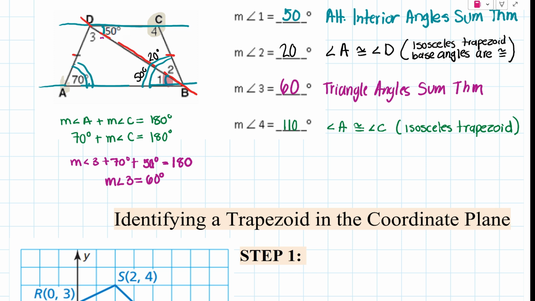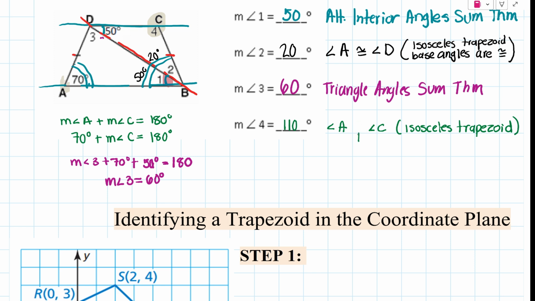So A and B are congruent. And we came to switch this here.